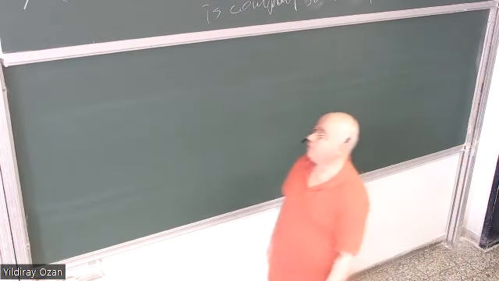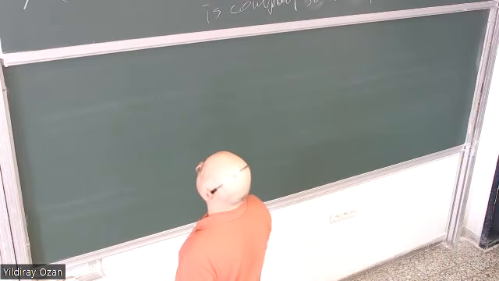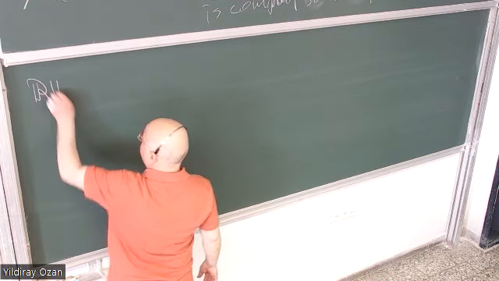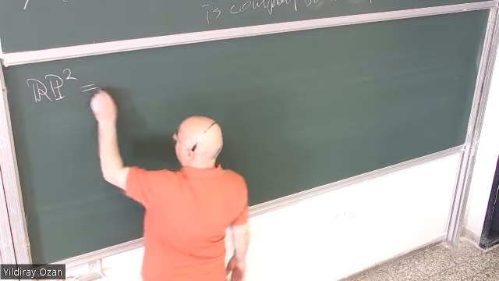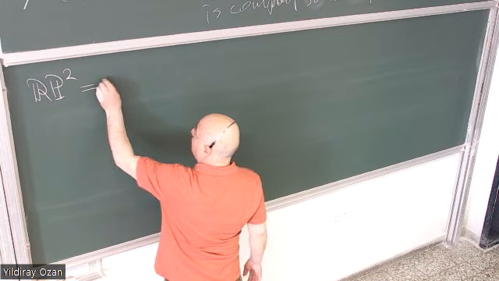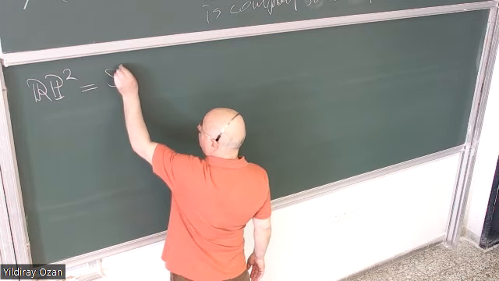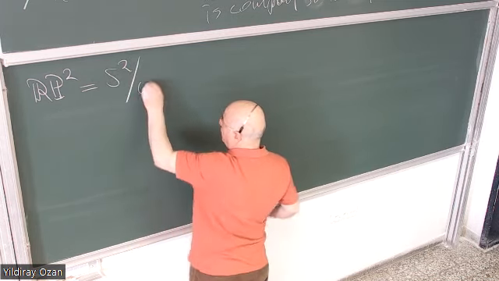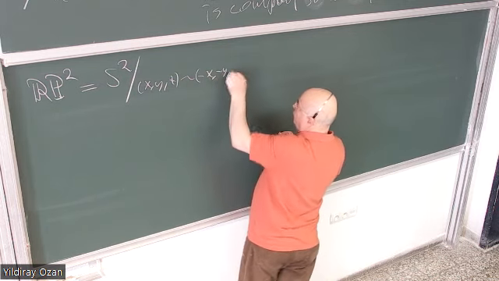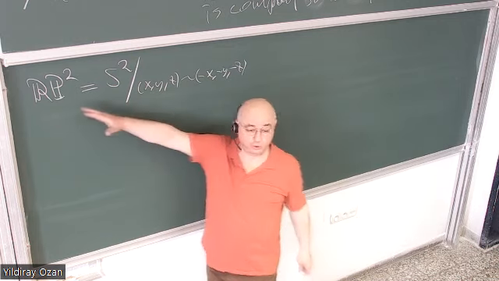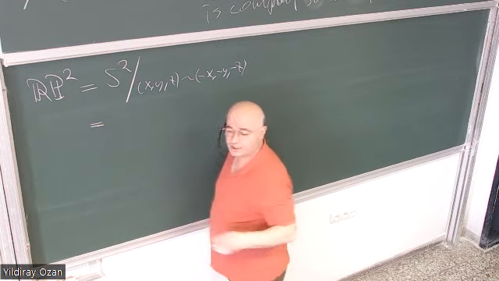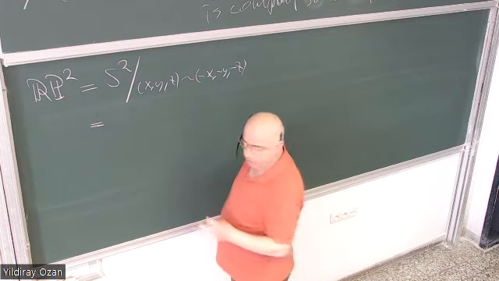So RP2 I can just consider as S2 divided by this relation, which tells me that RP2 is a compact space, or I can regard this as lines through the origin.